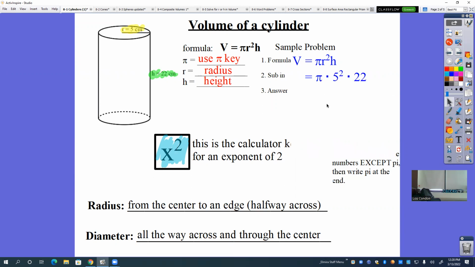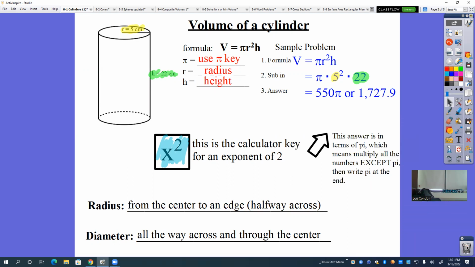The radius is 5 and the height of the cylinder is 22. When you plug this whole thing into the calculator, you hit the pi button times 5 x squared times 22.